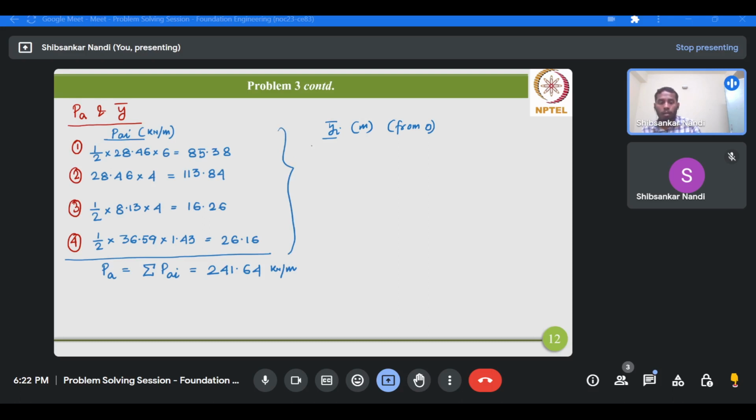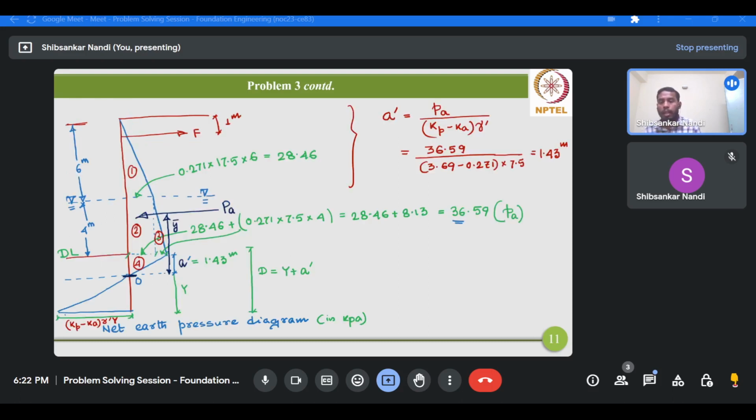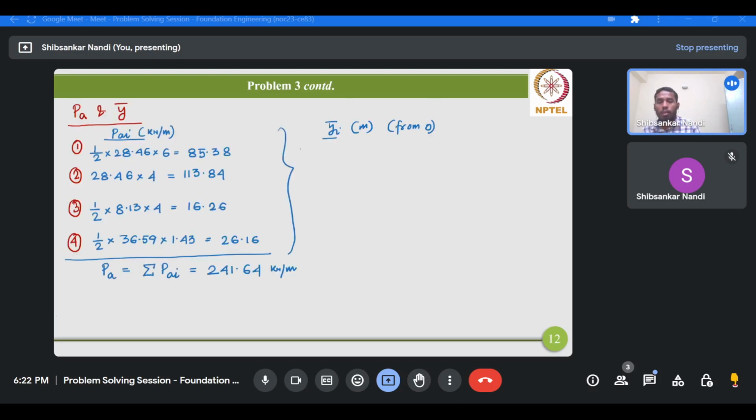Now we will calculate the corresponding lever arms. Please keep in mind we are calculating the lever arm from the point of 0 net earth pressure. For component 1, it will be A prime plus 4 plus 6 by 3, so 1.43 plus 4 plus 6 by 3, that means 7.43. Then 1.43 plus 4 by 2, that means 3.43.